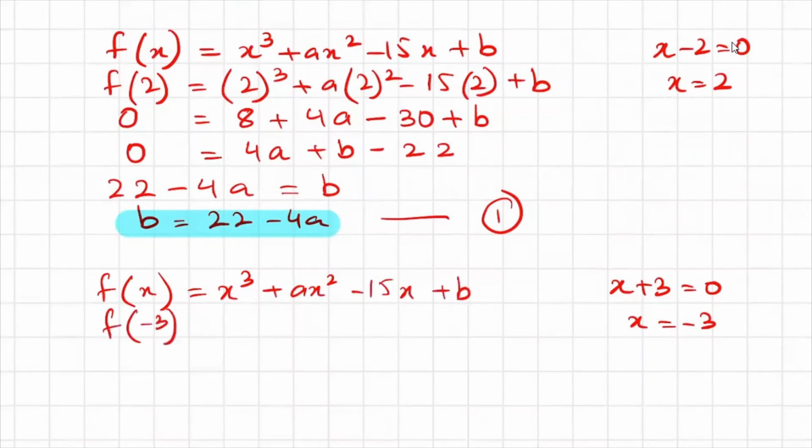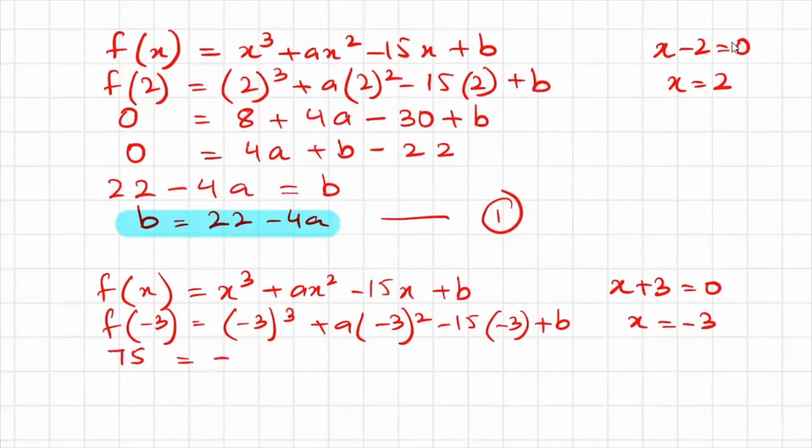Substitute negative 3 everywhere you see x. The remainder is 75, so I'm going to write 75 in place of this, equals negative 27 plus 9a plus 45. Please use your calculator for all of these calculations.